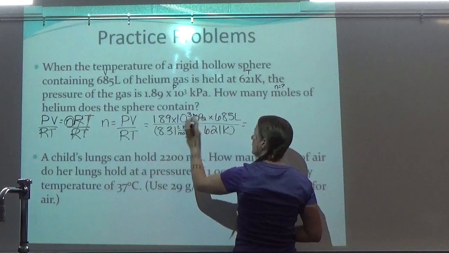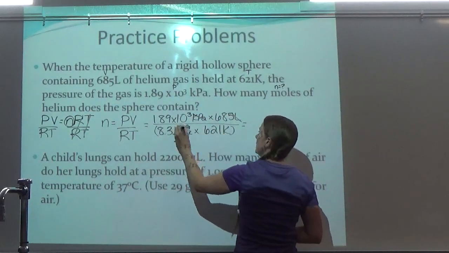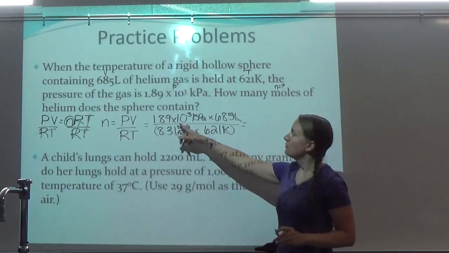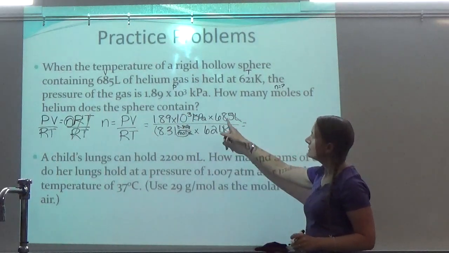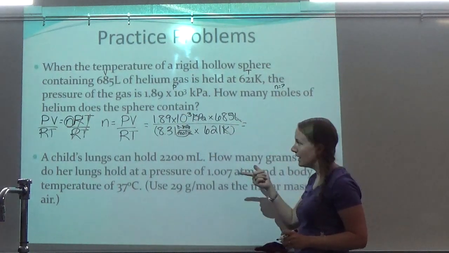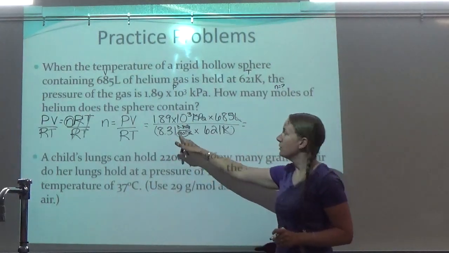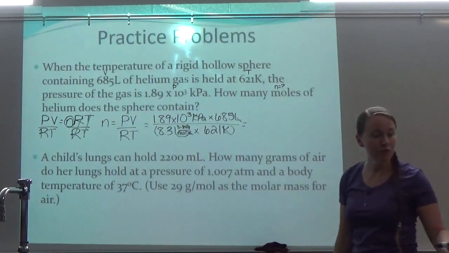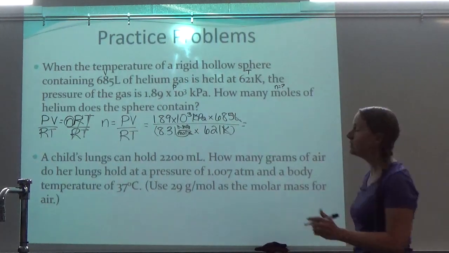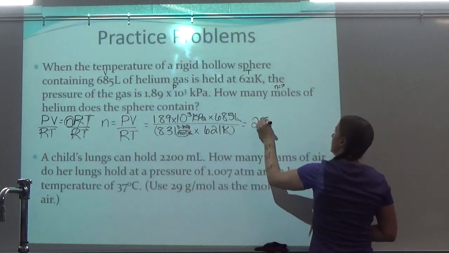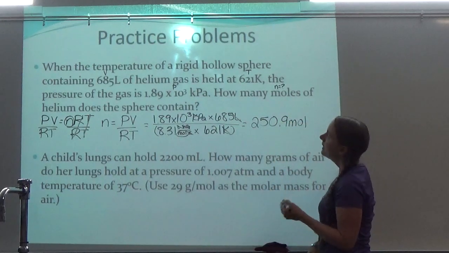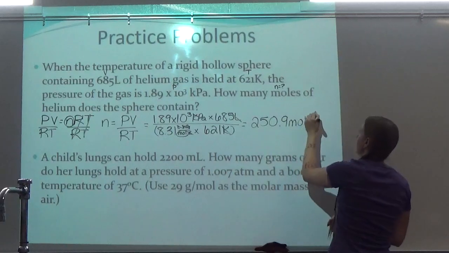So if you see, kilopascals cancel, liters cancel, Kelvin cancels, so I'm left with moles. So I just do 1.89 times 10 to the 3 times 685 divided by parentheses 8.31 times 621 close parentheses. And once you do all that, you should end up getting something like 250.9 moles.